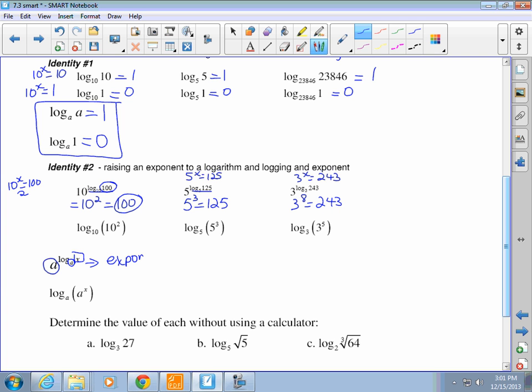So an exponent raised to a log will cancel each other out, and that's because they are inverses.